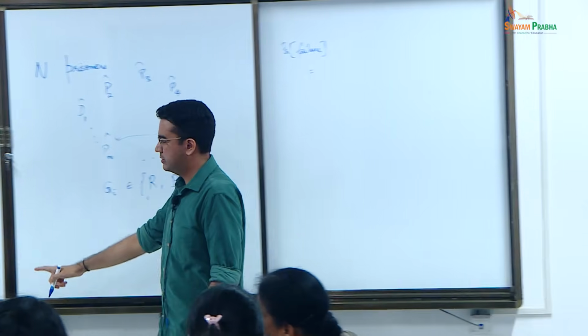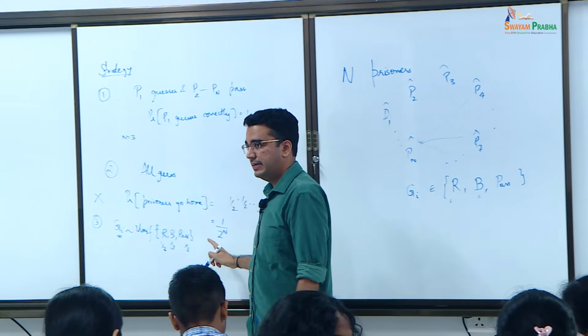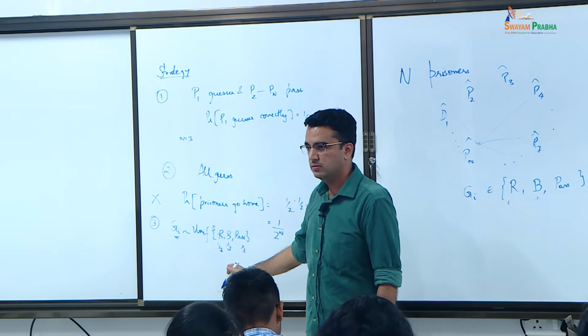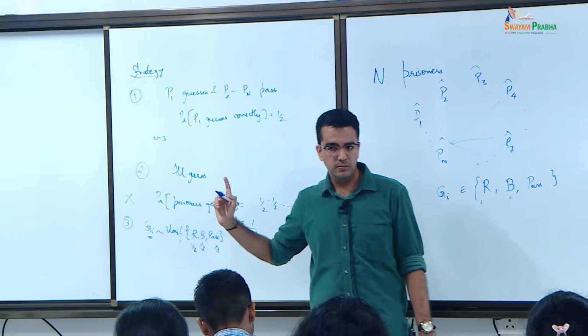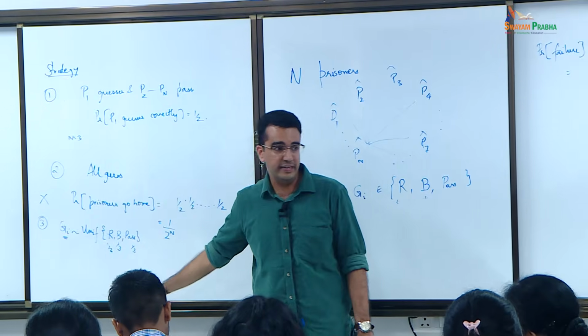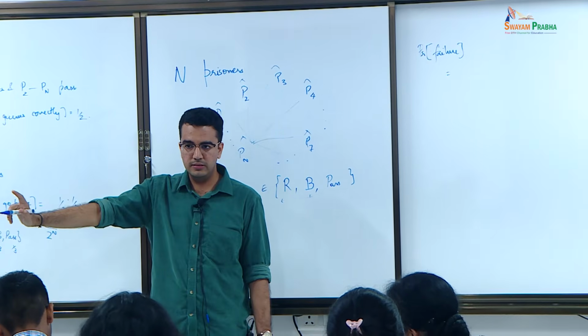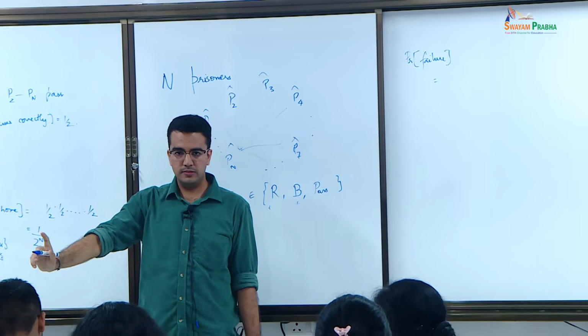No, that's not what it means. What it means is that each guy chooses independently either red or blue or pass. Is that clear? Each guy chooses independent of the other people's actions, either red or blue or pass.